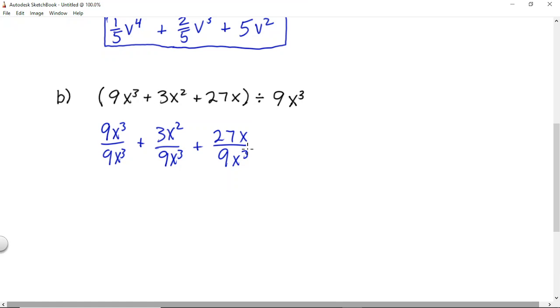Okay, so the 9x cubed is the denominator of each. Okay, we divide each of them by it. And then we simplify each of those fractions.